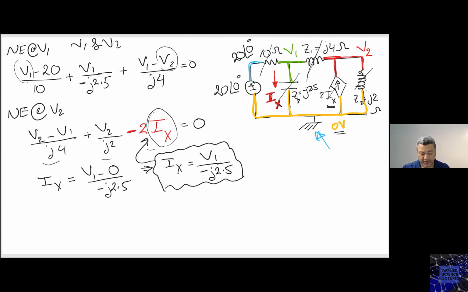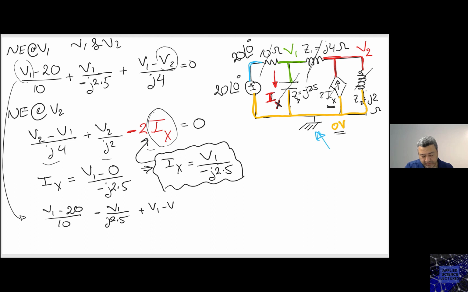So if I go here and I rewrite those nodal equations, from this one is v1 minus 20 over 10 minus v1 over j2.5.